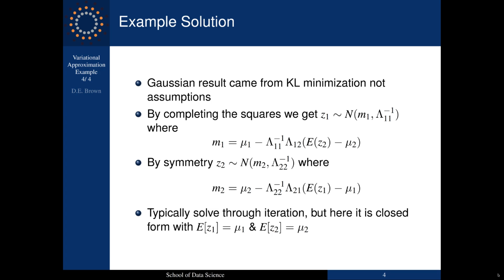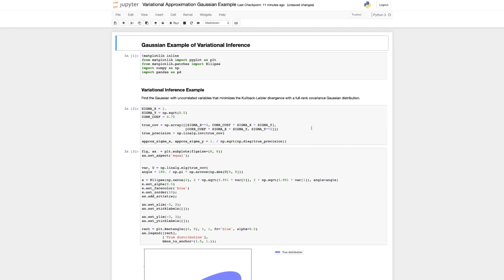And in the next class, we'll actually go through and see more complicated examples that we'll use an iterative solver to get results. And we'll describe those iterative solvers and what they look like in terms of available libraries today. But for now, let's look at this particular result by looking at some simple code that shows what the approximation of this Gaussian looks like. So here's the setup for our problem.